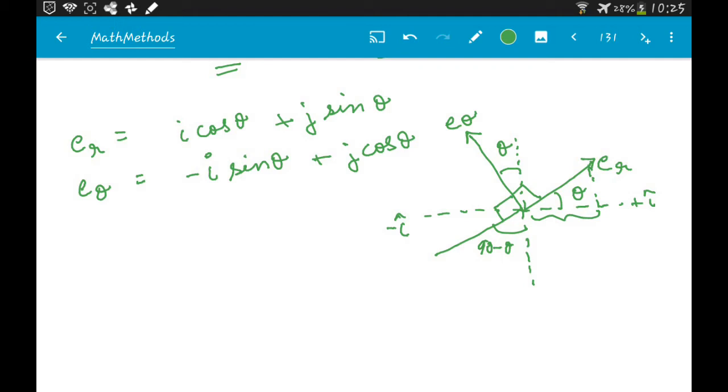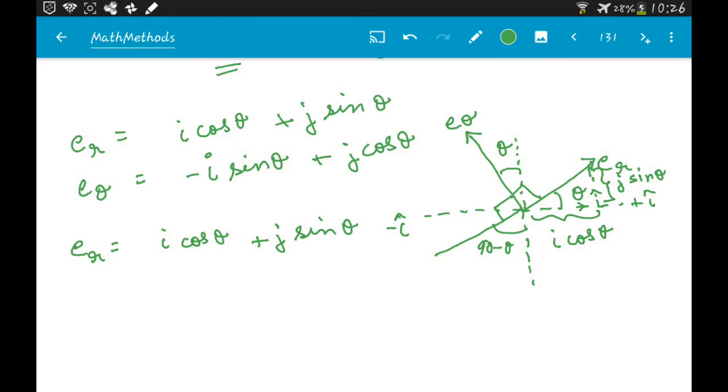So this one is going to be i cos theta and this part is going to be j sin theta, because this is j, right? So j sin theta. So ER is nothing but, you are going to add it up like this. So it is nothing but i cos theta plus j sin theta.